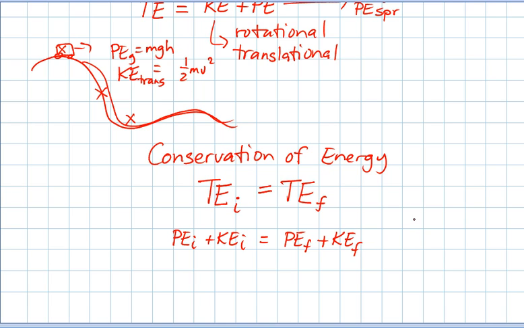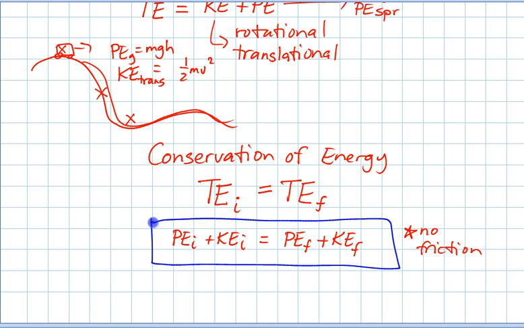So notice that there's nowhere for friction in this equation. Your teacher might show you an alternate version of this which includes friction, and I'll show another video on that a little bit later. But when there's no friction, this is an extremely useful equation to use. One last thing.